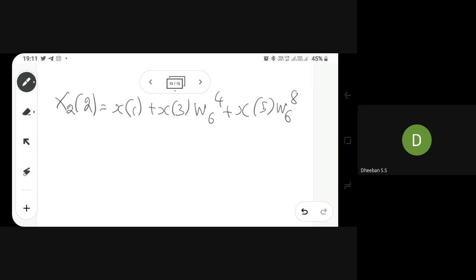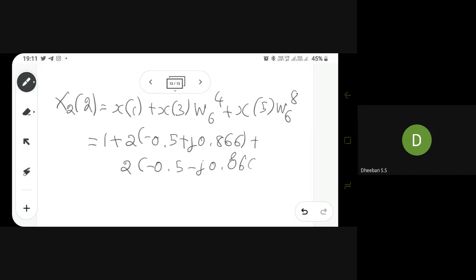It becomes 1 plus 2 into minus 0.5 plus j 0.866 plus 2 into minus 0.5 minus j 0.866. This will be getting the value minus 1.